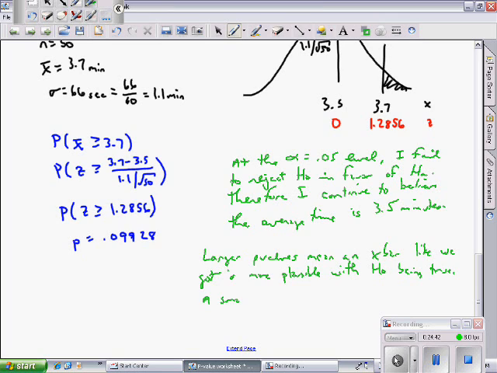A small p-value is evidence against HO, or against the manufacturer's claim.